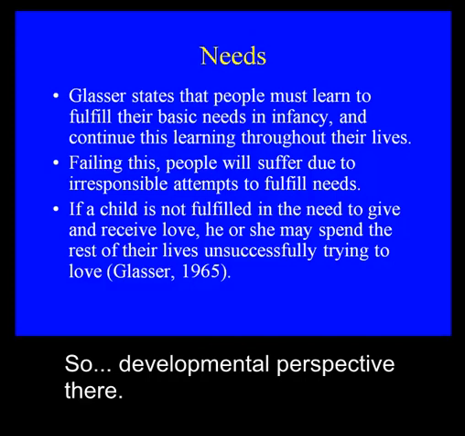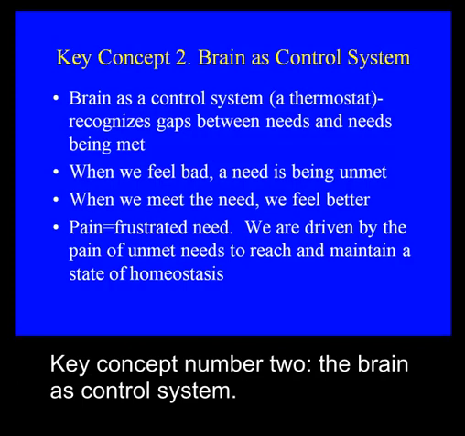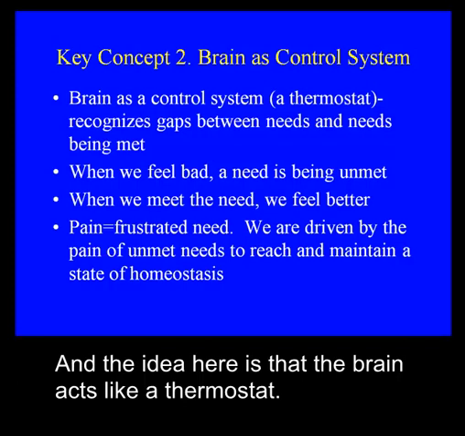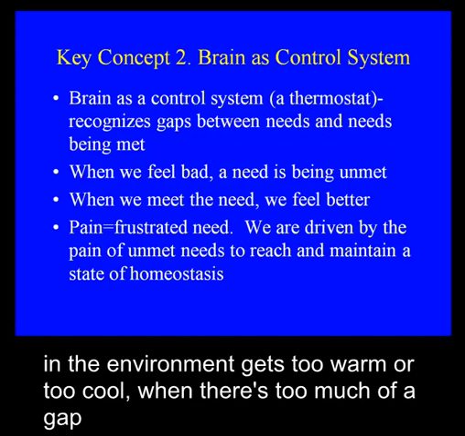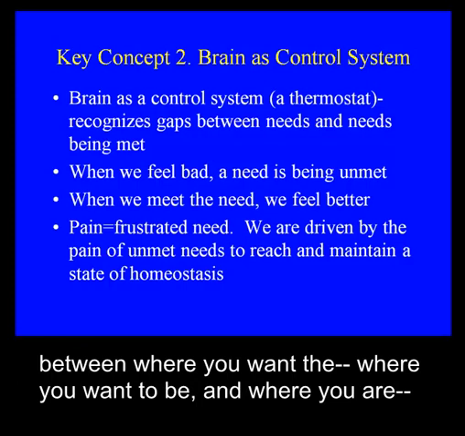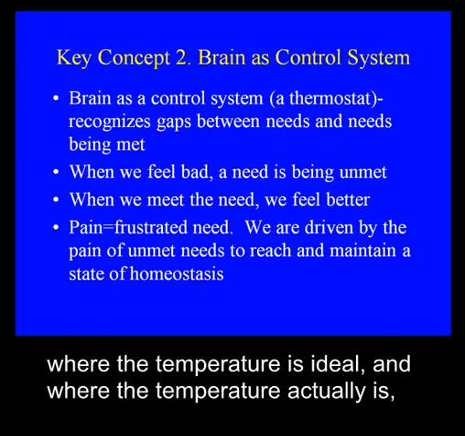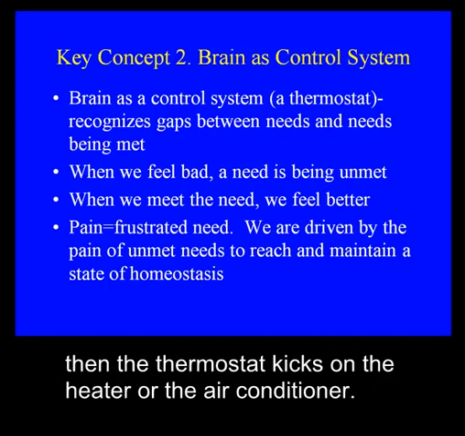Key concept number 2, the brain as control system, and the idea here is that the brain acts like a thermostat. A thermostat senses the environment, and when the air gets too warm or too cool, when there's too much of a gap between where you want to be, where the temperature is ideal, and where the temperature actually is, then the thermostat kicks on the heater or the air conditioner.